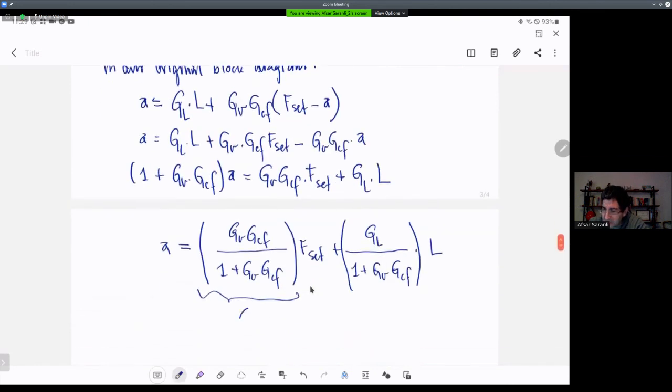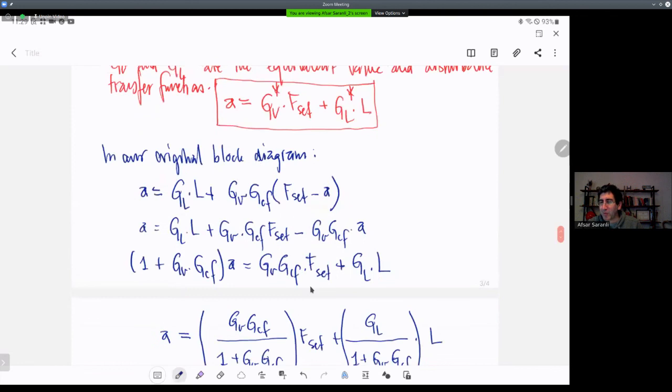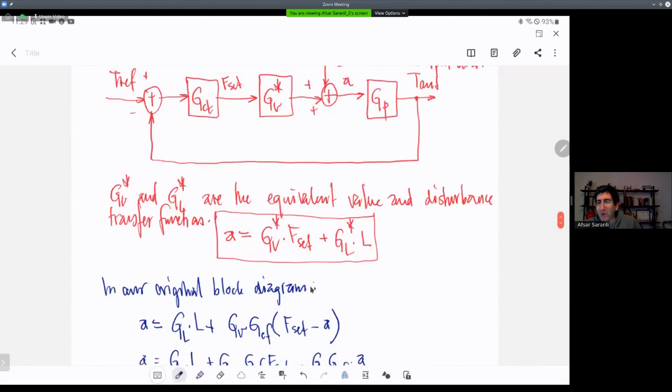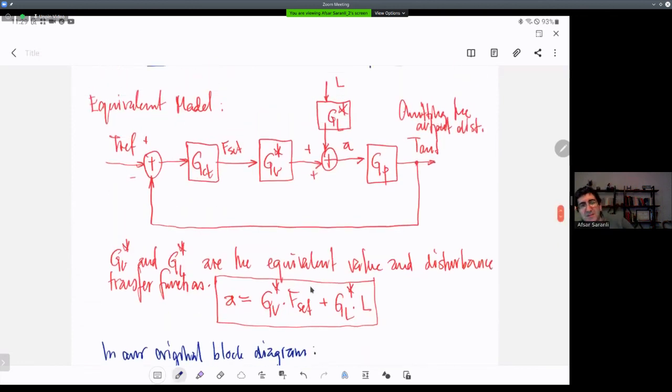So this is our GV star and this is our GL star. Basically, the cascade architecture corresponds to this single loop architecture, as if you had two different transfer functions for the valve and for the disturbance.